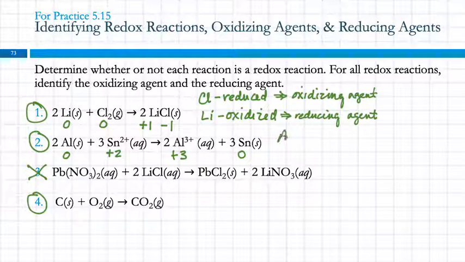So we've got aluminum and we've got tin. Aluminum is going from 0 to +3. Is that oxidation or reduction? That's oxidation. So the aluminum is being oxidized. The tin is going from +2 to 0. It's being reduced.